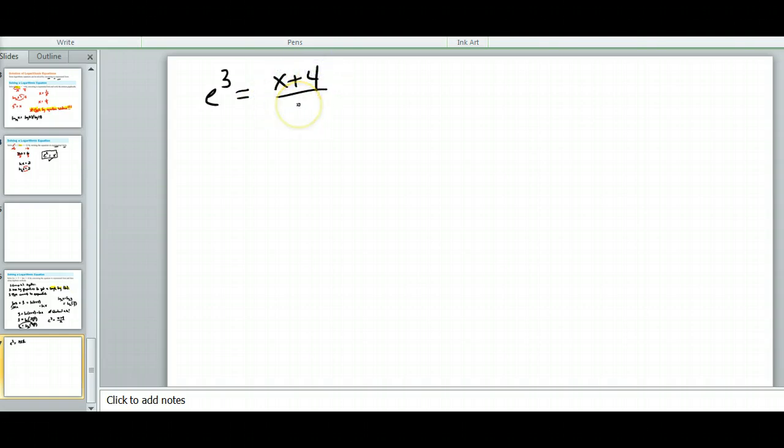What am I going to need to do? I'm going to multiply both sides by x to clear that x out of the denominator. Remember, we want 1x equals, so we're going to have to get rid of the x in the denominator. So I've got x e cubed equals x plus 4. Now, even though it doesn't look like it right now, this is just a linear equation.